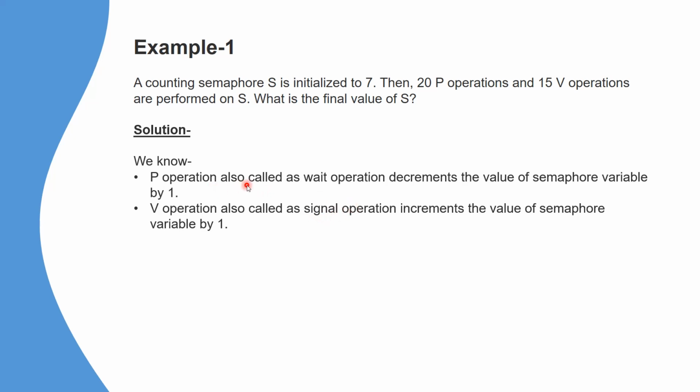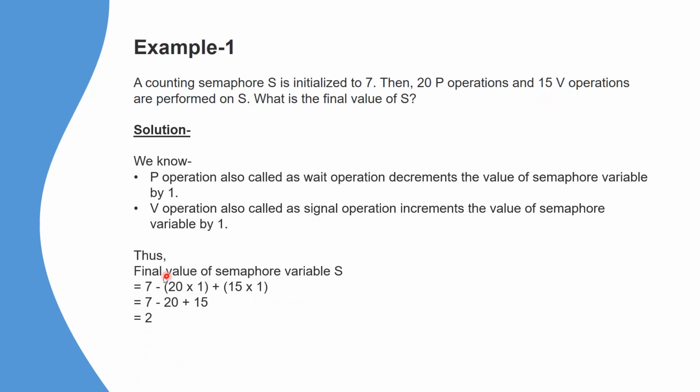P operation will decrement the value of the semaphore and V operation will increment the value of the semaphore. Because the P operation is performed 20 times, it will be decremented 20 times, and the V operation is performed 15 times, so it will be incremented 15 times.